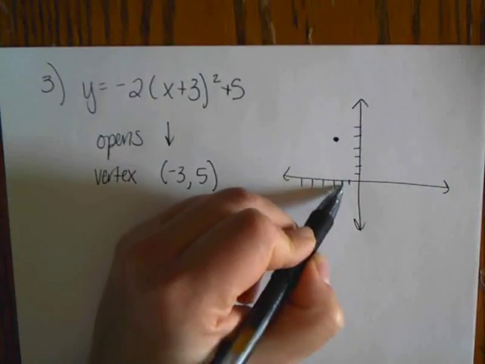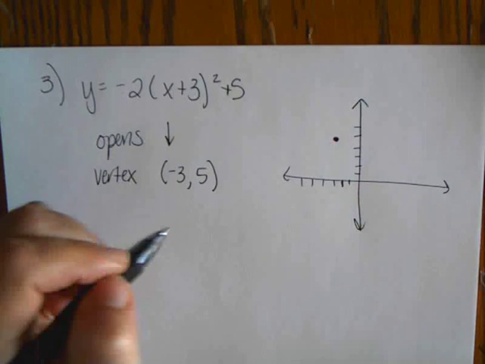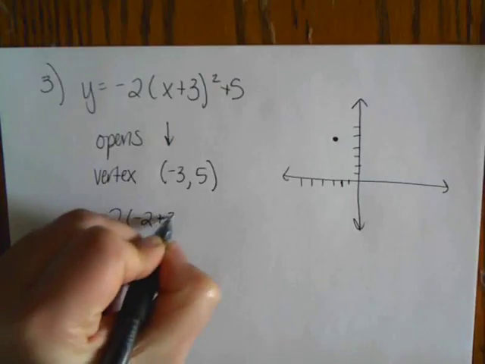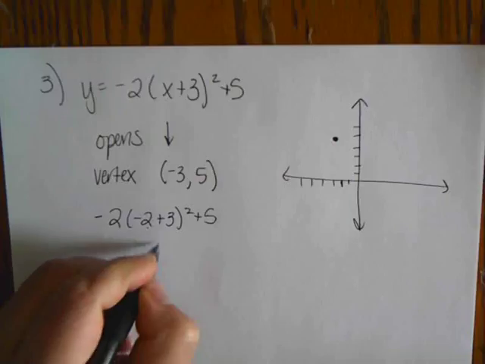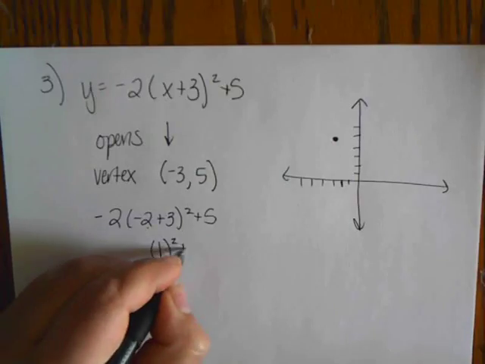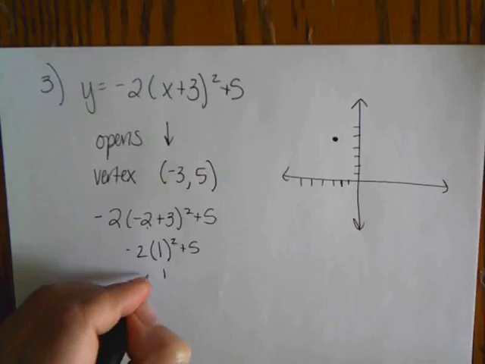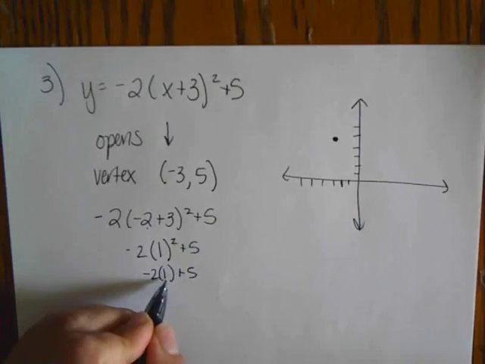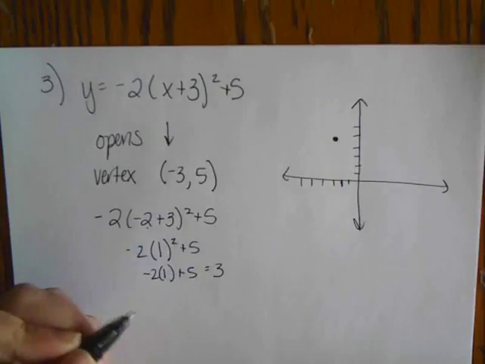But we can also plug in this point negative 2 and see where we are right next to the vertex. Negative 2 plus 3 is 1. 1 squared is 1. Negative 2 times 1 is negative 2, plus 5 is 3.